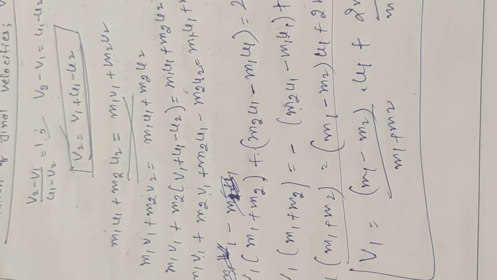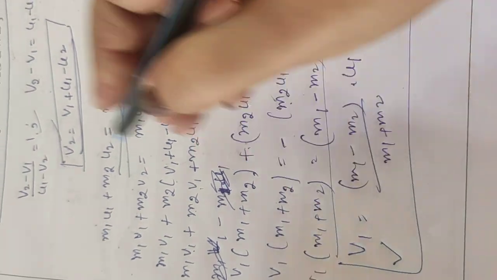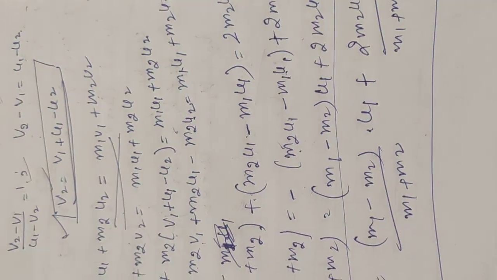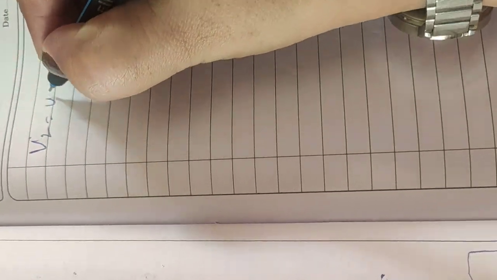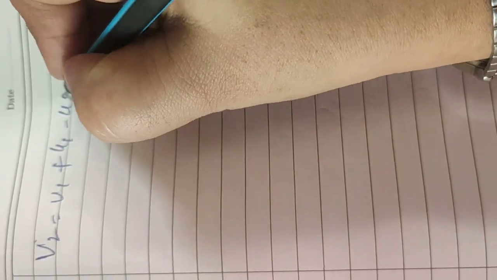Similarly, we can get the value of v2 by putting the value of v1 in this expression. So we know that v2 is equal to v1 plus u1 minus u2.